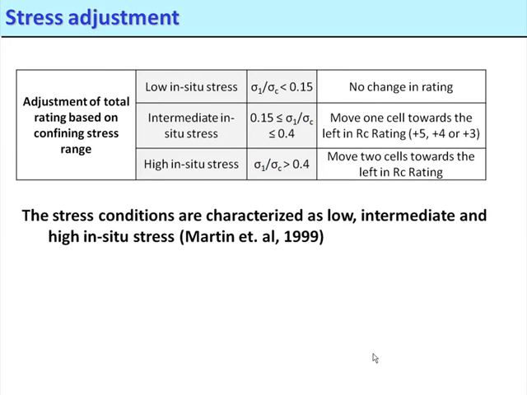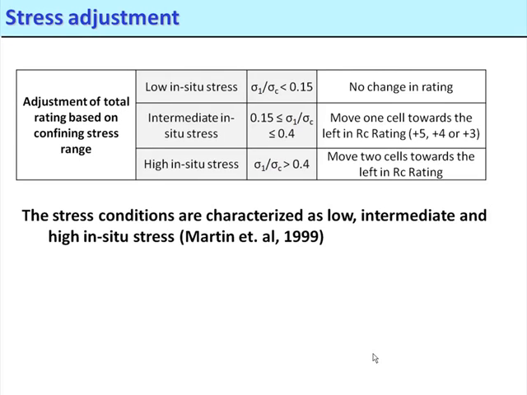In terms of stress adjustment, we are practically correcting the total rating according to the in situ stress. The in situ stress conditions are characterized as low, intermediate, and high based on Martin et al., from the ratio of sigma 1 over sigma c. When we have low in situ stresses, there is no change in rating.